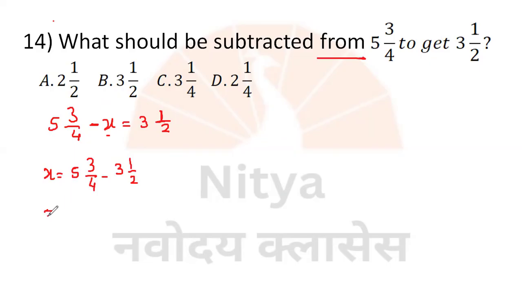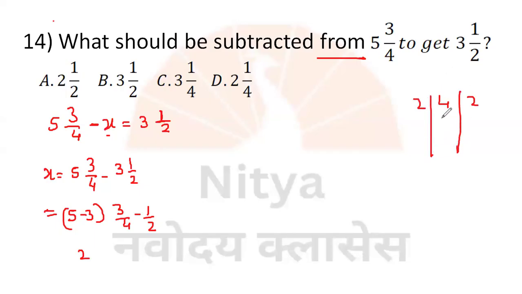Now you have to subtract the whole parts first and then the fraction parts. 5 minus 3 is 2, and these are unlike fractions, so you have to take the LCM of 4 and 2. The LCM, least common multiple, is 4.